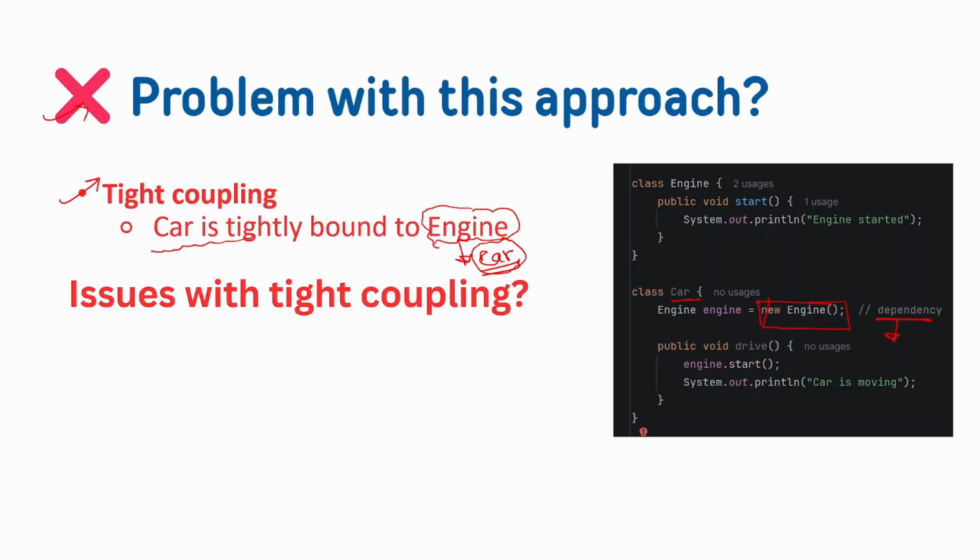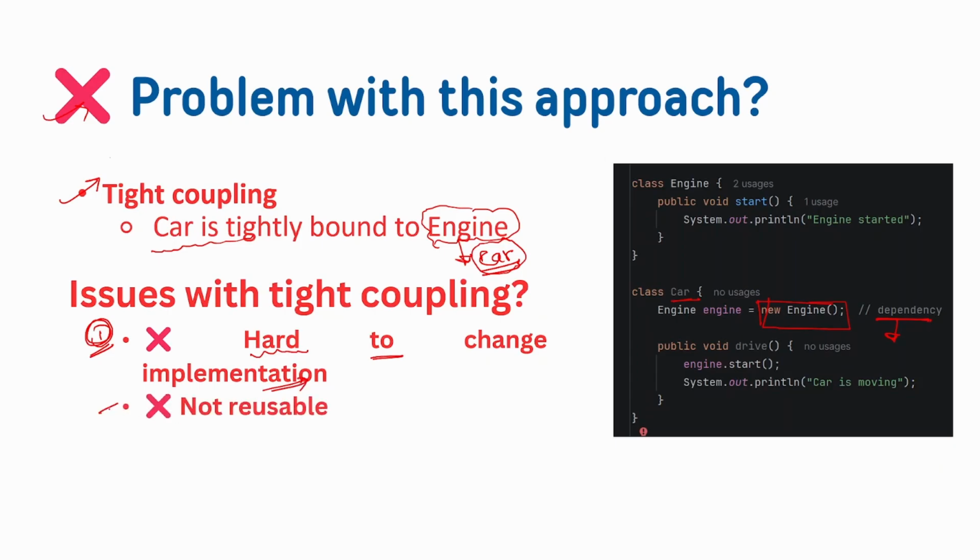Okay, there is tight coupling between these two classes, so why is there an issue with tight coupling? What are the issues with tight coupling? The first issue is that if there is tight coupling between classes, then it is very hard to change the implementation, and the class is not reusable.